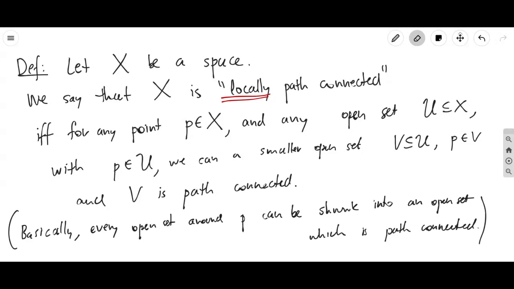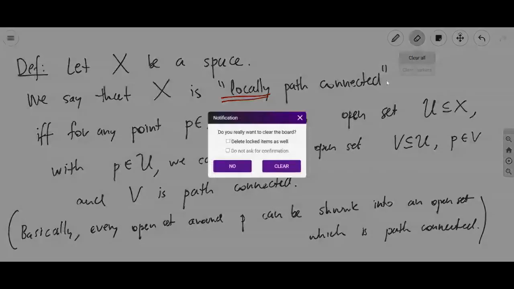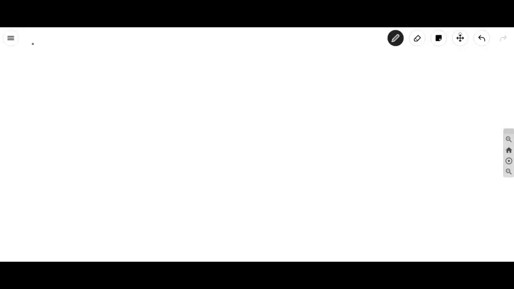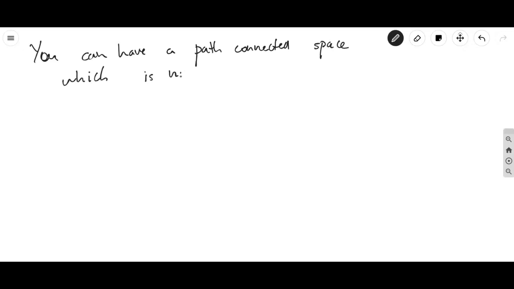But surprisingly, and this is kind of funny, you can have a path connected space which is not locally path connected. So this is sort of bizarre, but let me just show you. So you can have a path connected space which is not locally path connected.